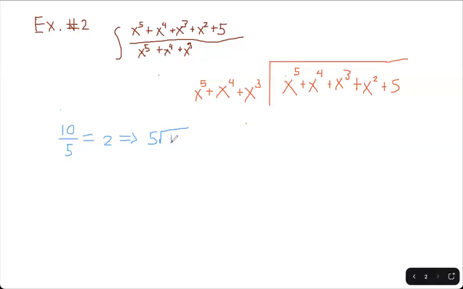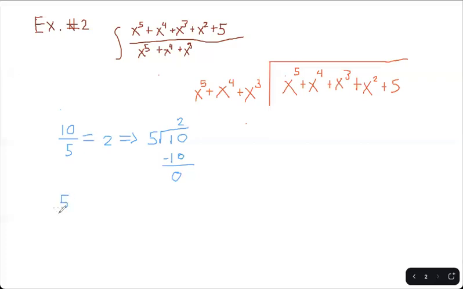That's how it looks: the 5 on the outside and the 10 on the inside. So the 2 is out here.